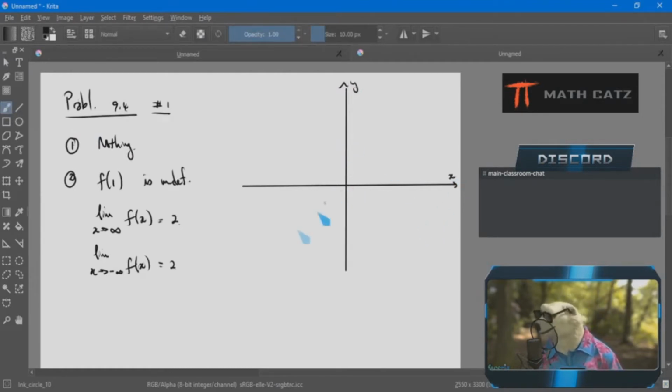Okay, so this now means, for our kinds of functions, having the function be undefined will indicate that there is potentially a vertical asymptote there.